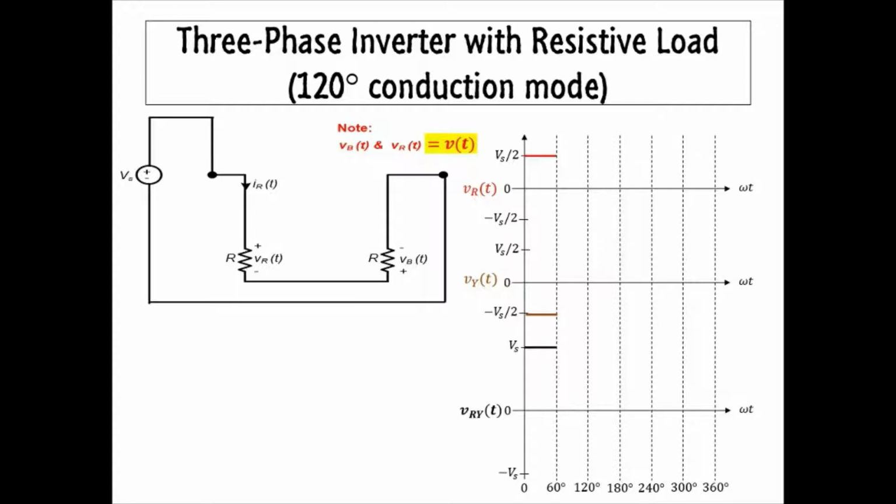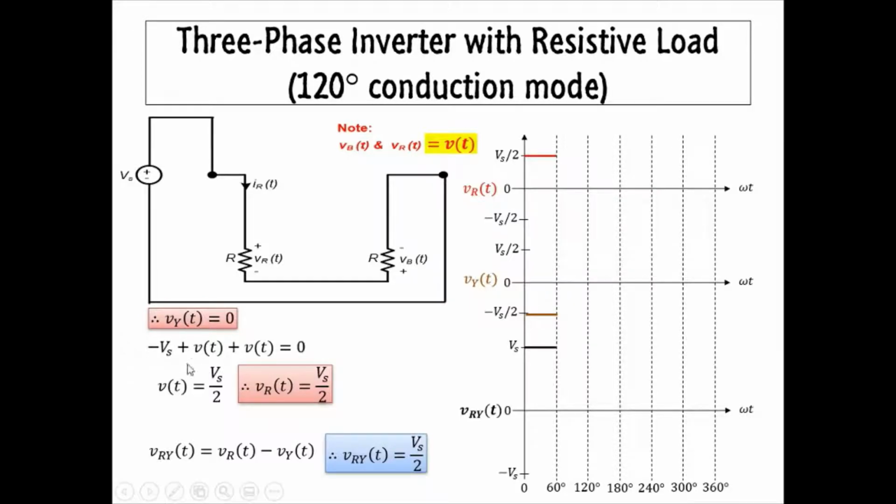According to the circuit, VY is equal to 0. Next, by applying KVL, we can see both VR and VRY are equal to half of the supply voltage. Thus, the waveform of all voltages can be sketched as follows.